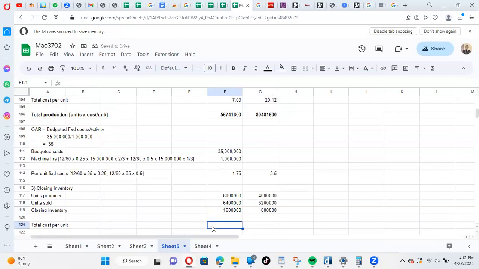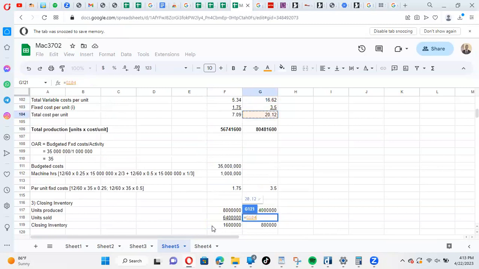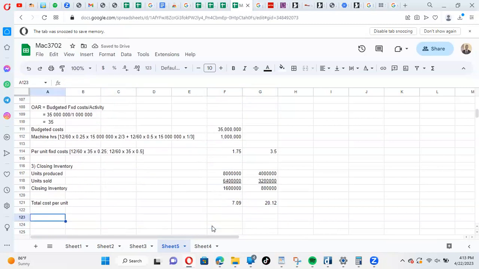What about the total, the unit, the cost per unit? It's here, we just calculated it. We take that there. Take it as it is. Closing inventory value. All right, so the closing inventory value is going to be that one there times the unit cost.